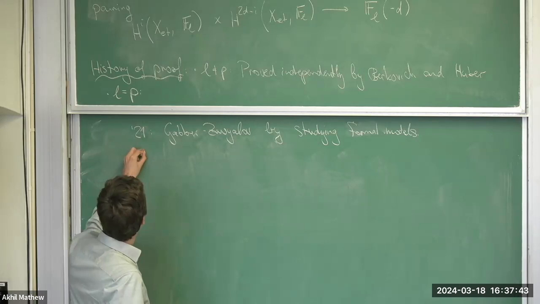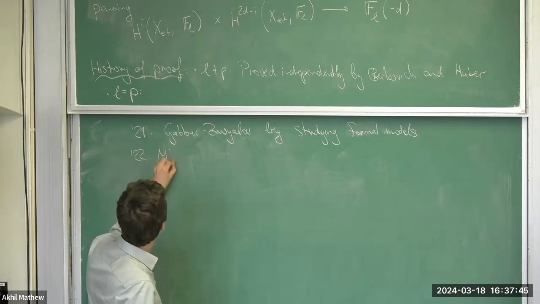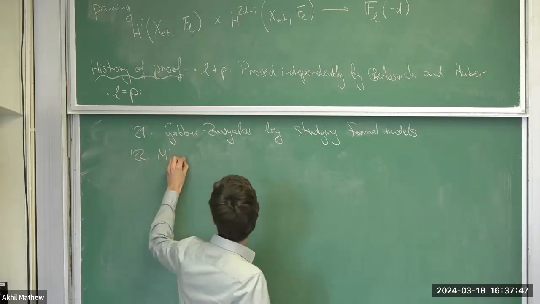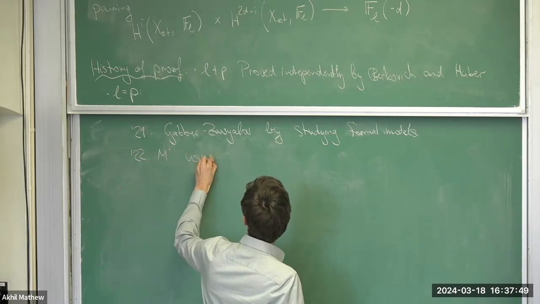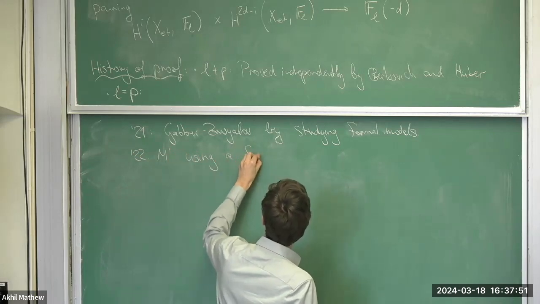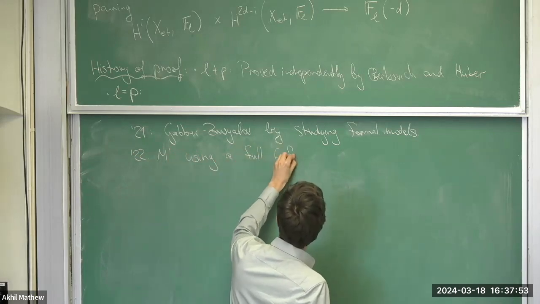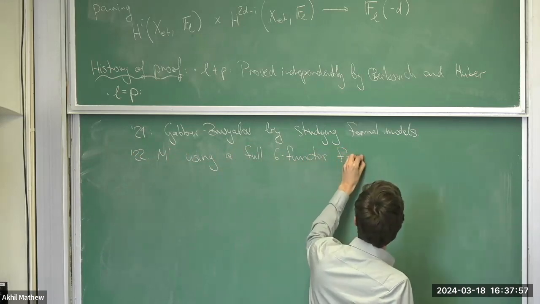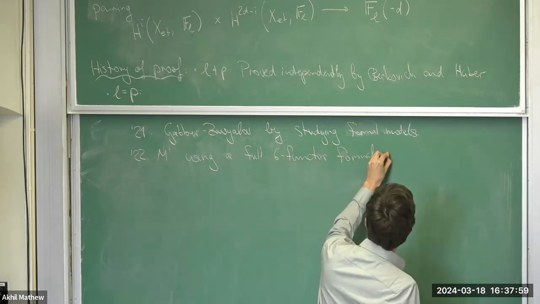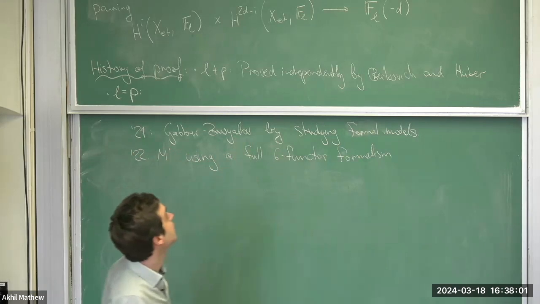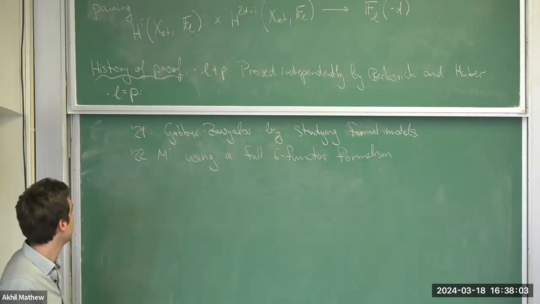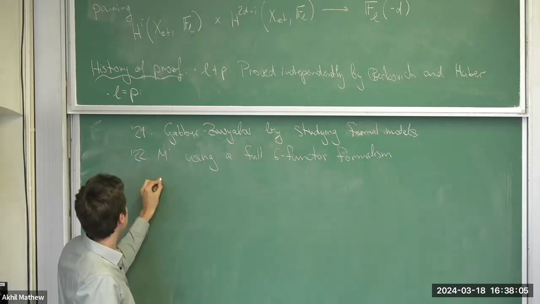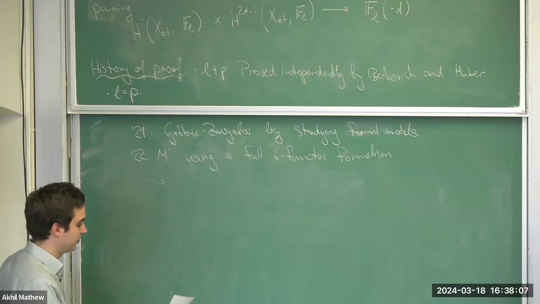And now there's a second proof using a full six functor formalism, or roughly F_p-sheaves on X. The advantage of having a full functor formalism is, of course, that you get much more.